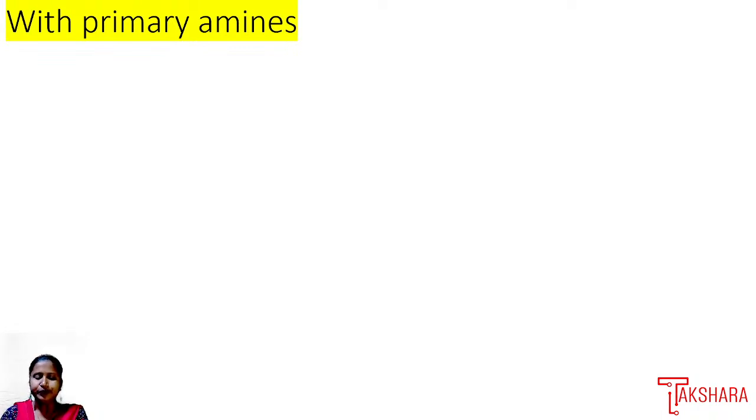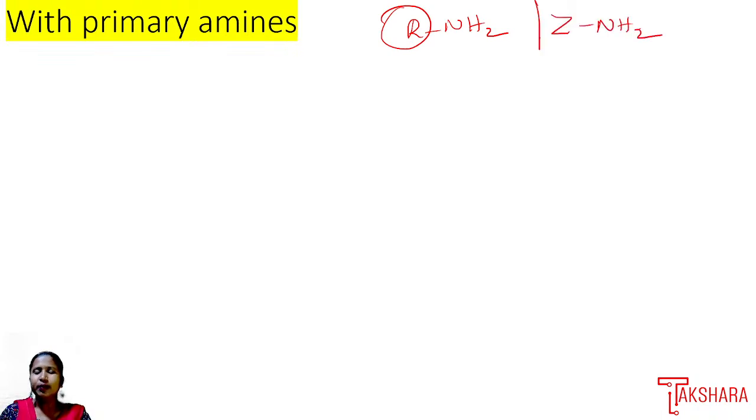Okay, so now let us consider aldehydes and ketones. Primary amines have the general formula RNH2. In place of R, if we consider Z also, that also we call primary amines.